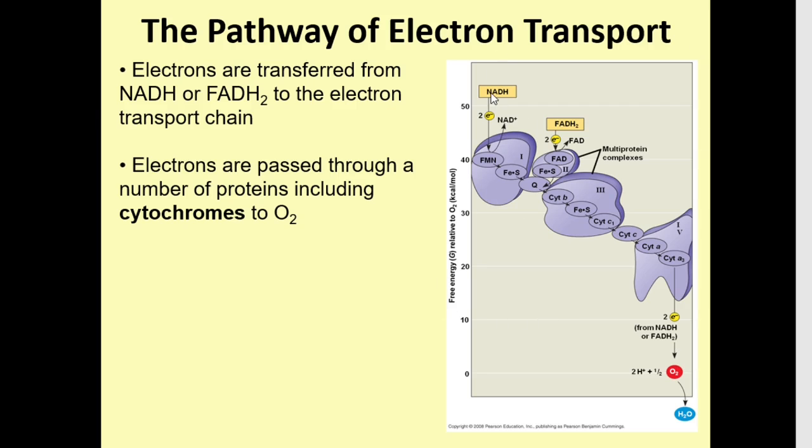Now, if NADH and FADH2 just came into the matrix, so this is the matrix here, this is the intermembrane space, and these proteins are embedded within the inner membrane of the mitochondria. But if the electron carriers just came in here and dropped their electrons off, those electrons would have nothing to stop them from going straight down to oxygen.